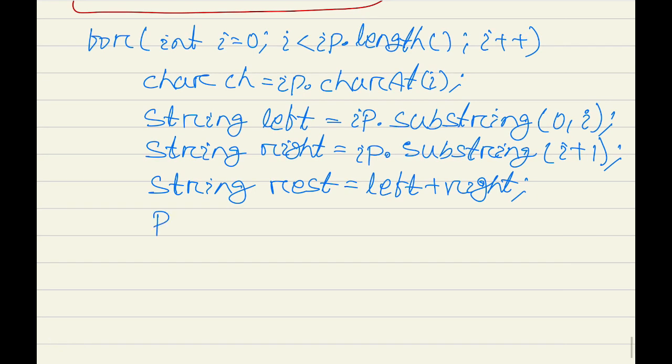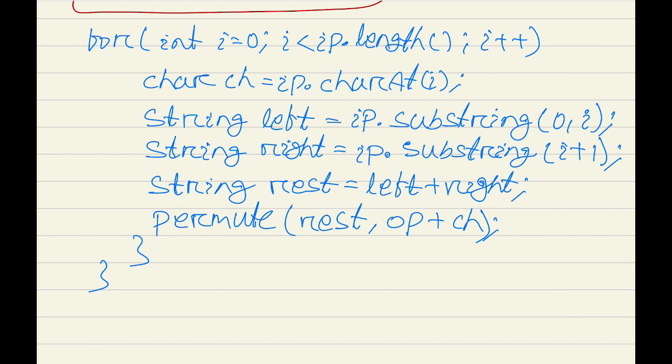Now again call the method permute, and here the input is rest and the output will be updated: op plus ch. That means ch is concatenated with the output.